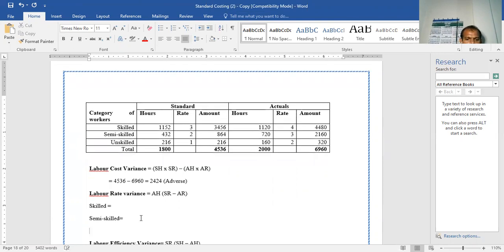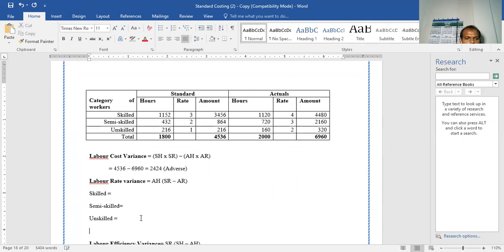Semi-skilled, unskilled, total labor rate variance.